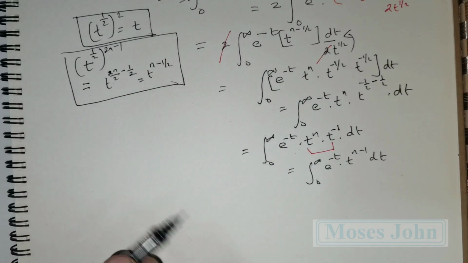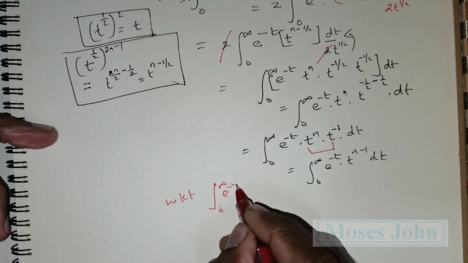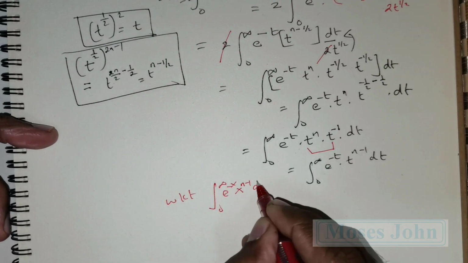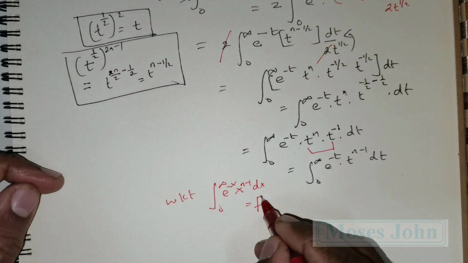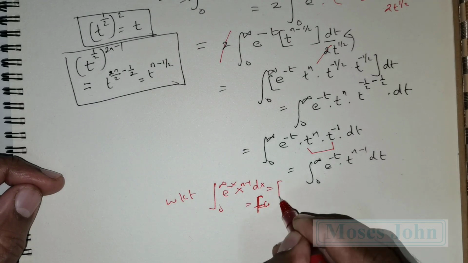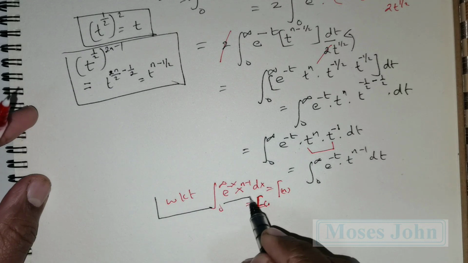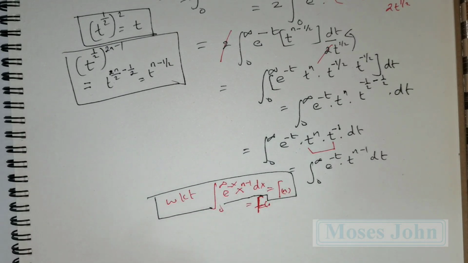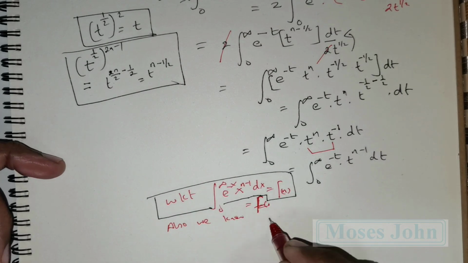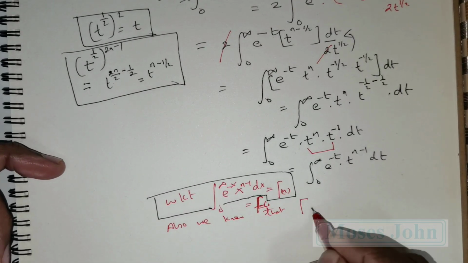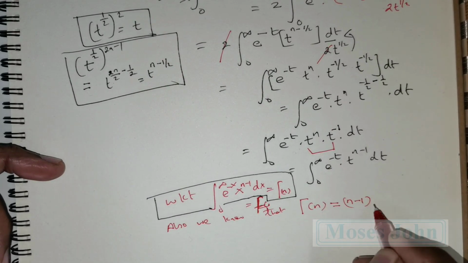Now what do we know? We know that the integral from 0 to infinity of e power negative x times x raised to the power n minus 1 times dx is equal to gamma of n. We know this formula. We also know that gamma of n is equal to n minus 1 factorial.